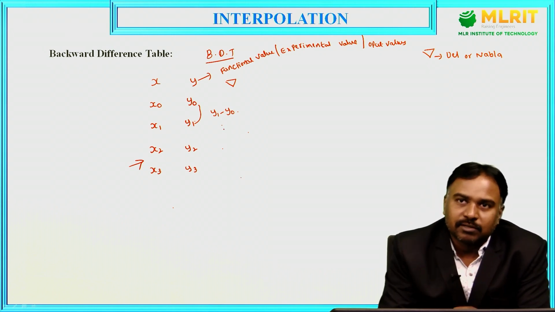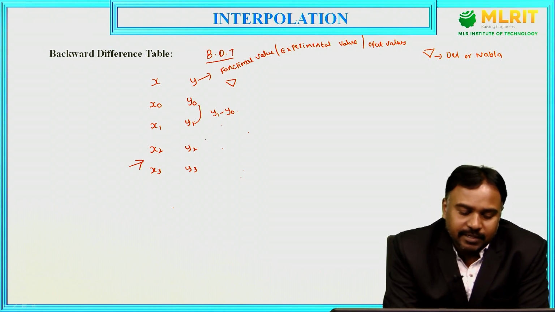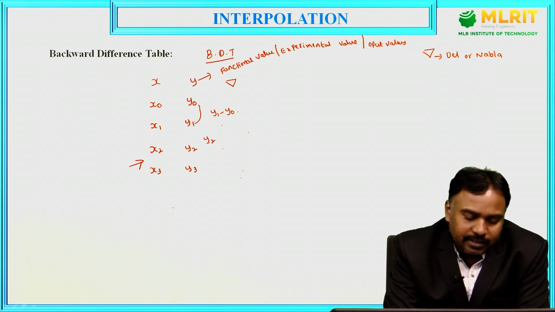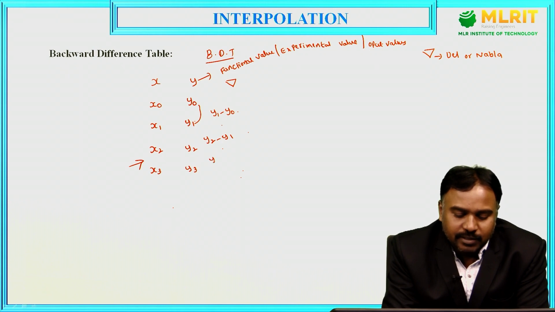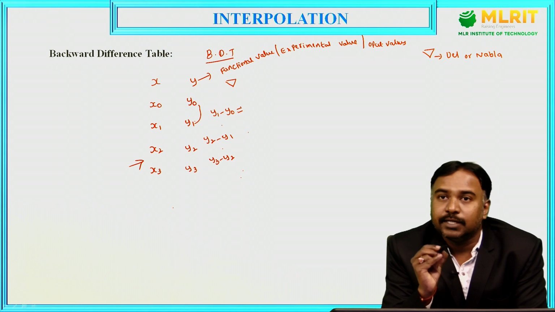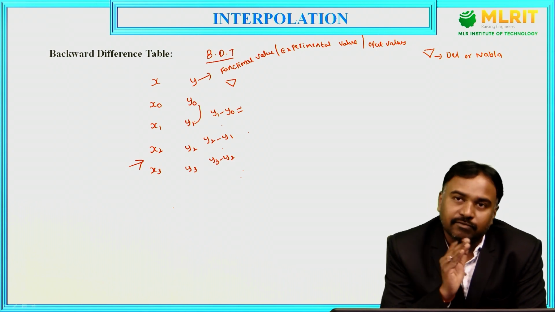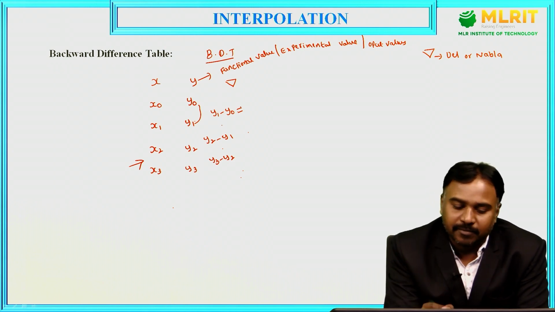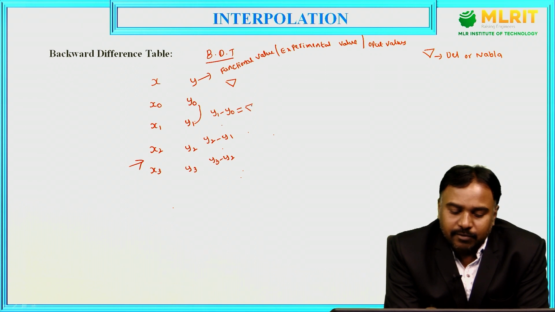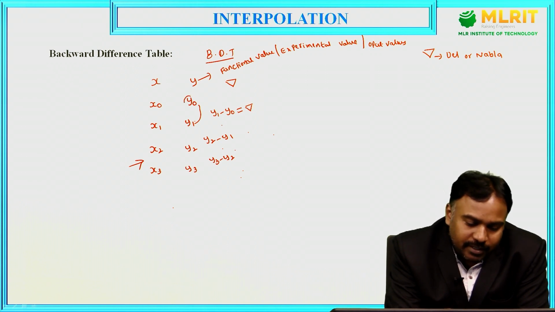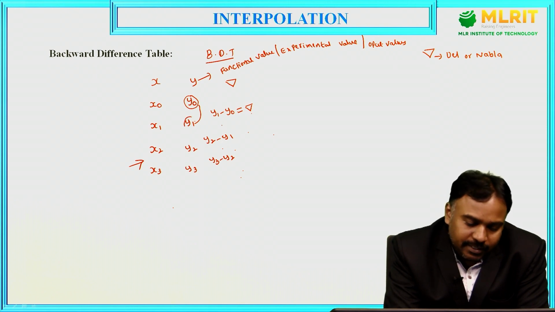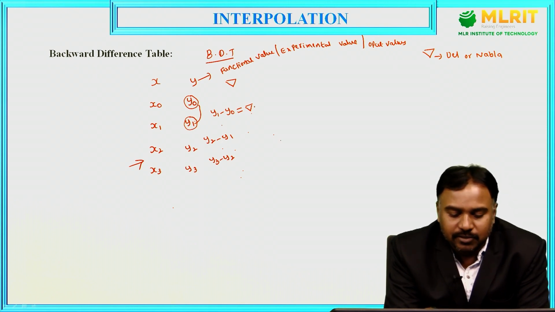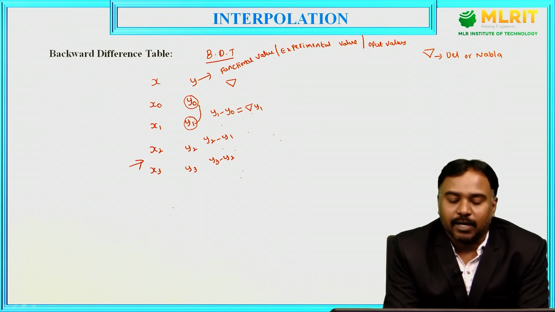If you observe the previous one, the differences we consider are the same. Here also the difference is the same: y3 minus y2, but the same difference needs to be noted differently in the forward and in the backward. Previously in the forward we considered this as y naught, but where the notation is backward, we take the second value, so this notation is del y1.